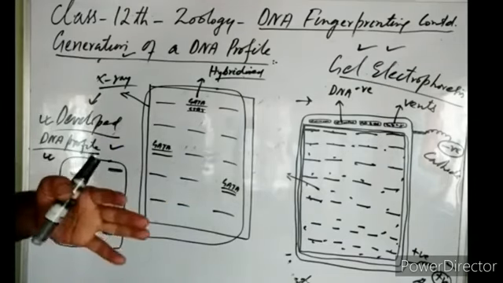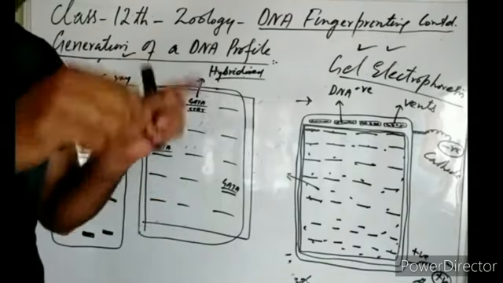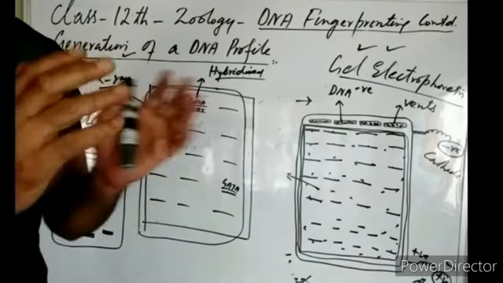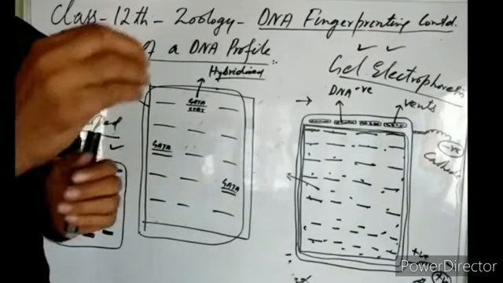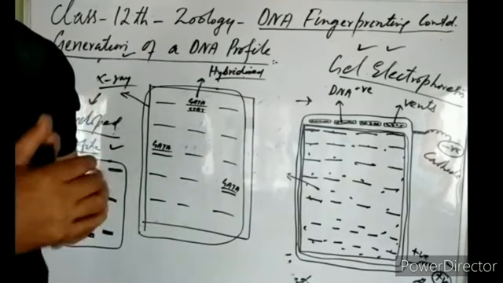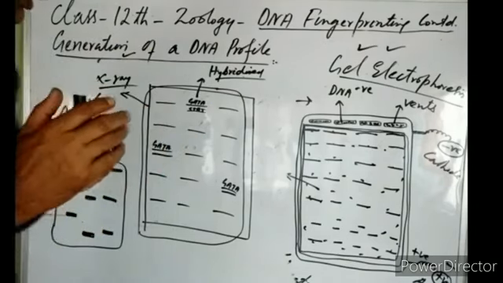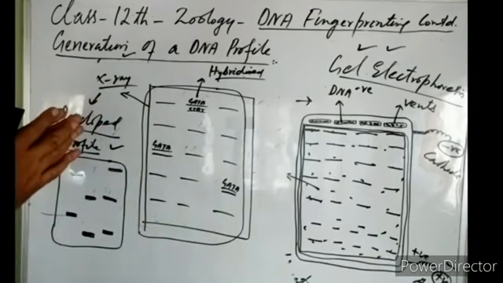Do you understand what I am saying? So first DNA is obtained from the crime scene. From that DNA, a profile is generated. Then suspects are taken. Every suspect is taken for DNA fingerprinting. Sample is taken, and every suspect's profile is produced. Then these profiles are matched.